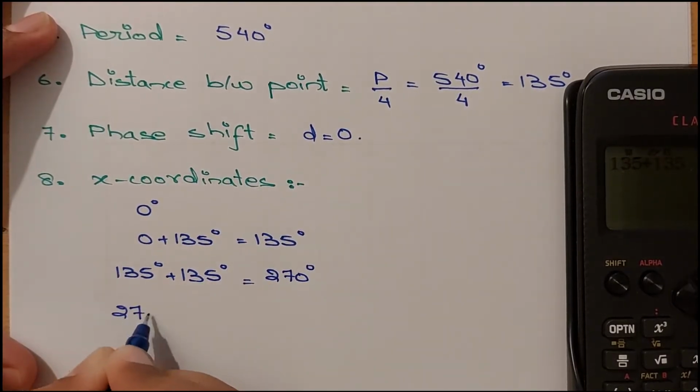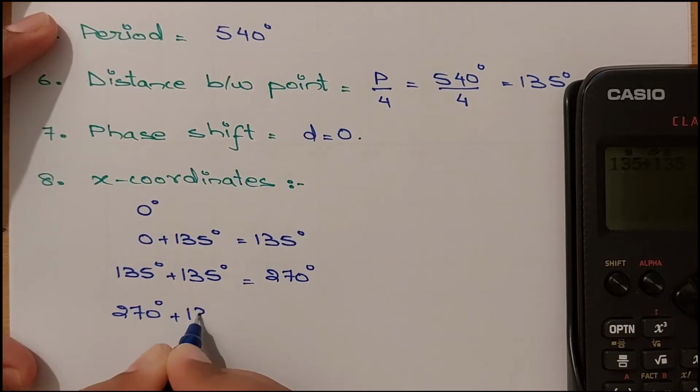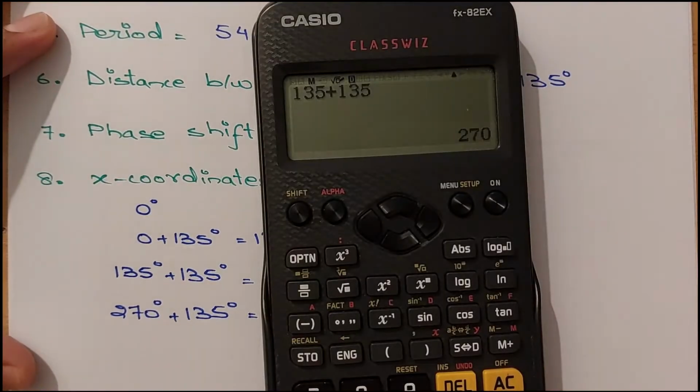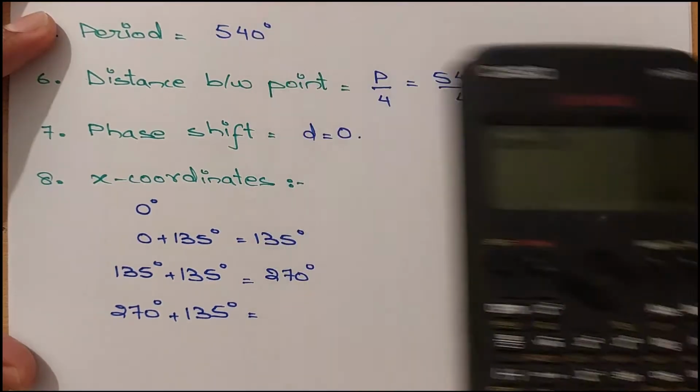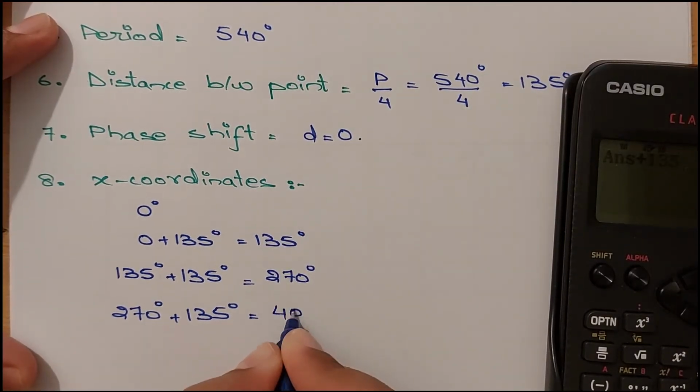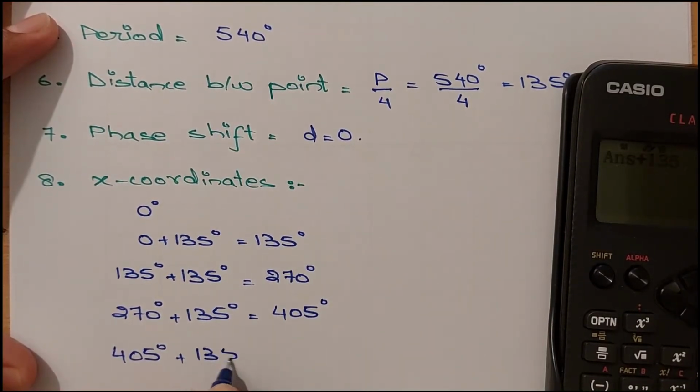To 270 add 135. Each time I add the distance between points, right? 405.